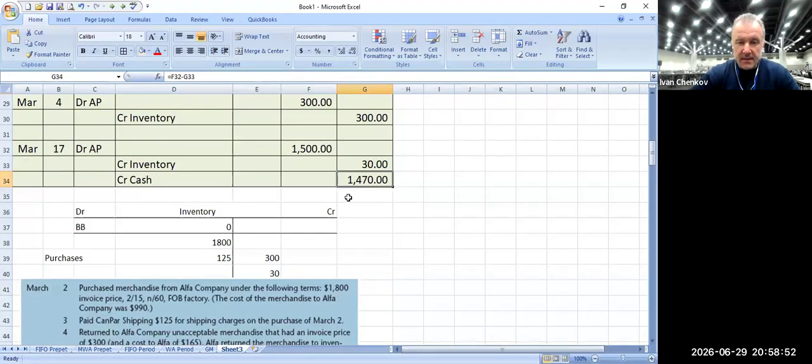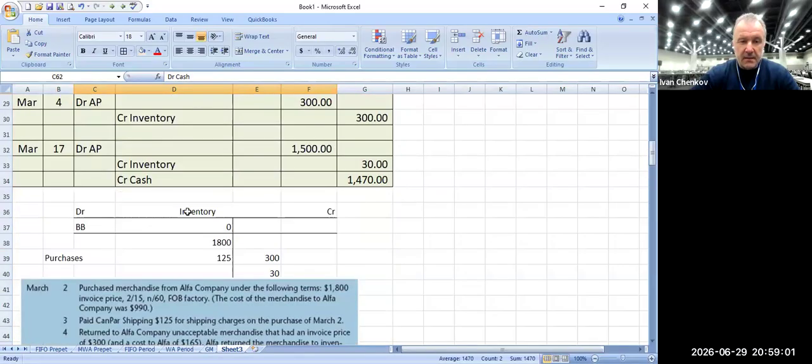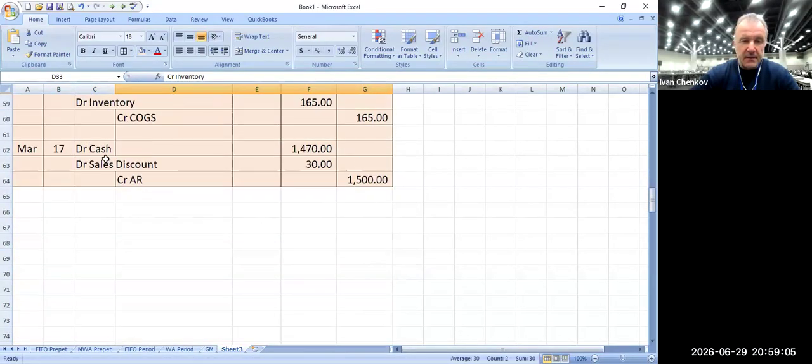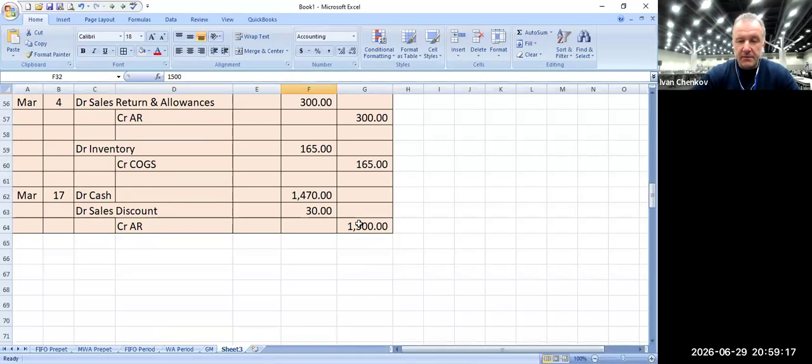The check they're sending us, the cash payment, comes directly to us for exactly the same amount. And the reduction of the inventory that they're getting is the reduction of our sales. So the accounts payable that we're closing is exactly closing with our accounts receivable. Whatever is accounts payable in one company is accounts receivable in the other company.